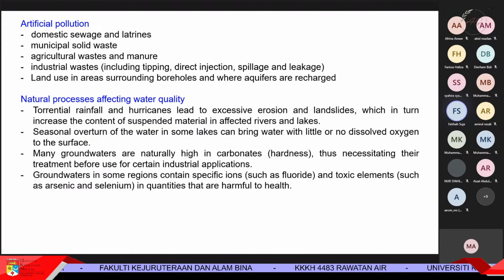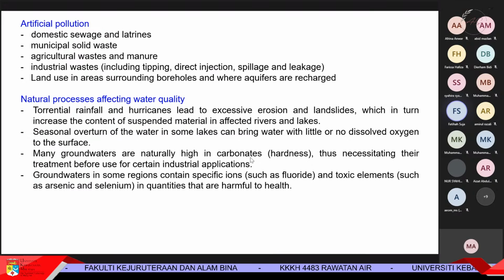Even though hardness is sometimes not harmful, it has a great effect if the water supply is used for industry. Groundwater in some regions contains specific ions such as fluoride and toxic elements such as arsenic and selenium in quantities that are harmful to health. So these are natural processes that will affect groundwater.